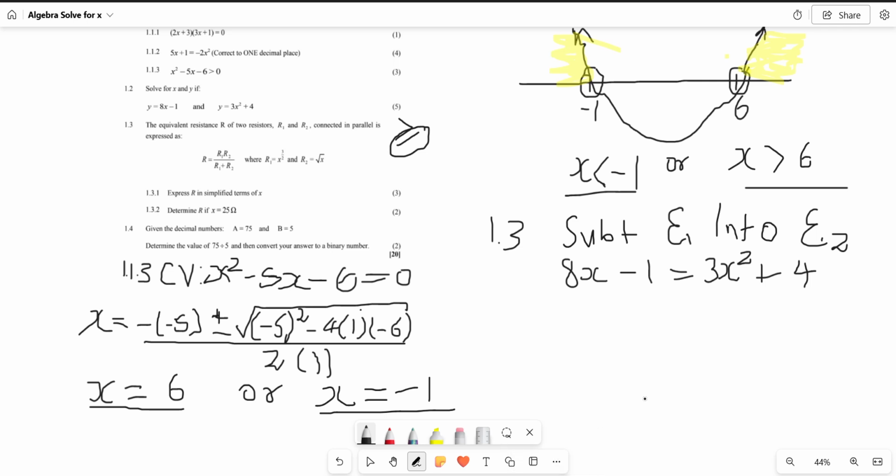Now, after you have substituted correctly, what needs to happen? We need to make sure that this equation is in the standard form of ax squared plus bx plus c equal to 0. This term needs to be transposed to the left hand side so that we have an x squared term first.